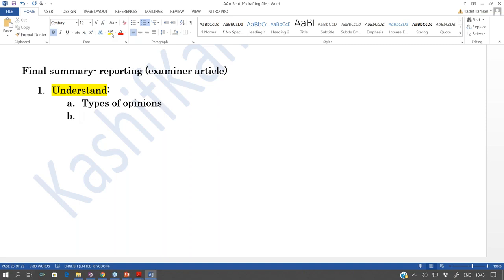And number two, we need to understand the additional components of the audit report. So the examiner is saying that as a student, you should understand the types of opinion and you should understand the additional components of the audit report.